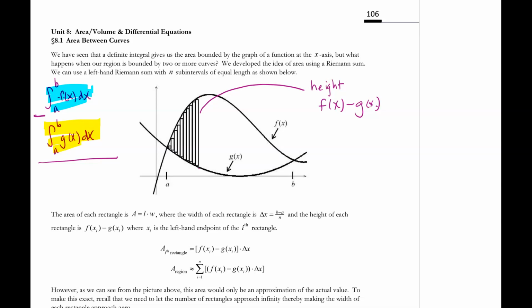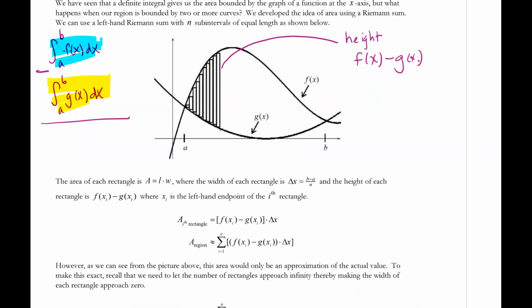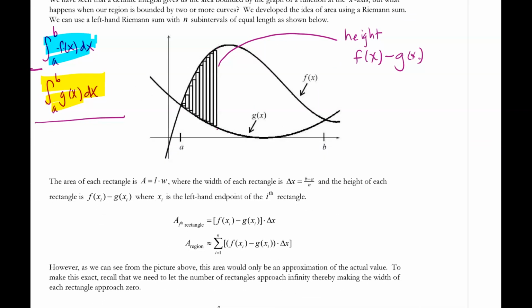Just like before, every rectangle is a length times a width, but now the ith rectangle's height is going to be top minus bottom, and the delta x is the width of the subinterval.